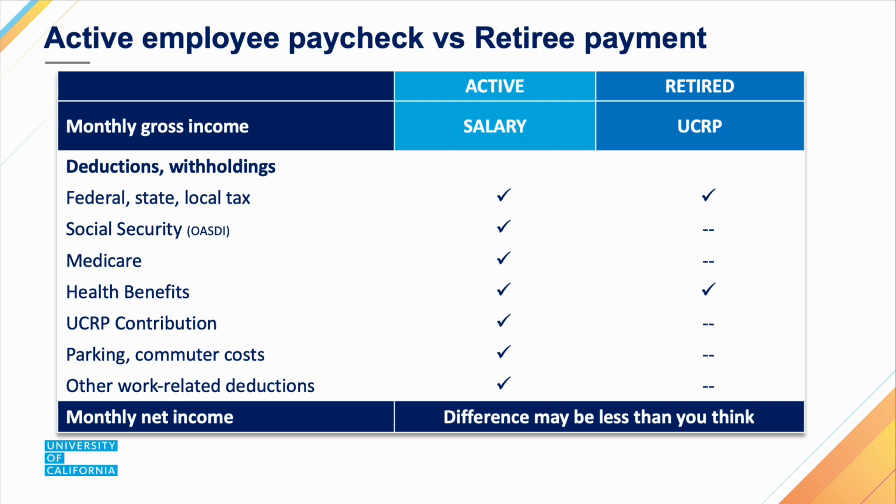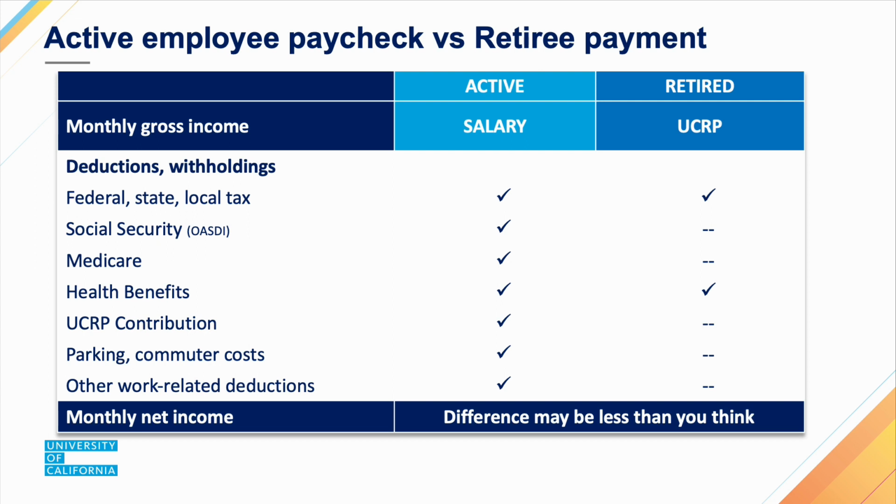So this includes federal and state taxes, Social Security, Medicare taxes, the cost of your health insurance premiums, and any voluntary contributions that you make to the retirement savings program, as well as the mandatory employee contributions to UCRP. Now, this doesn't include any other voluntary deductions such as disability, life, legal insurance, transportation and parking expenses that you have deducted from your paycheck. And all of these deductions reduce our pay from the gross paycheck to the net paycheck, which is the amount that we live on, right?